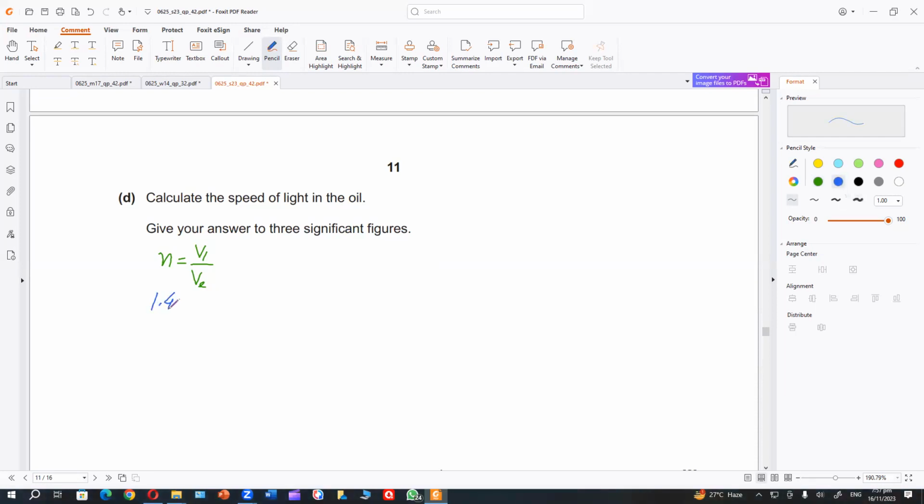Refractive index is 1 point something, right? 1.5. No, no, 1.47 is given. So no problem. You can look at the working from here. And now you can copy the solution.